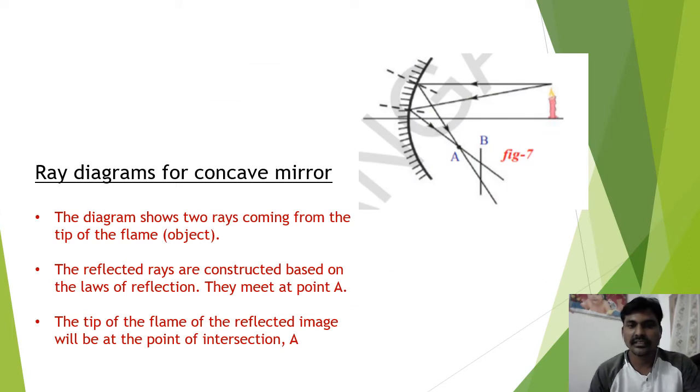Here we see the ray diagram for a concave mirror. This diagram shows two rays coming from the tip of the flame. The reflected rays are constructed based on the laws of reflection.